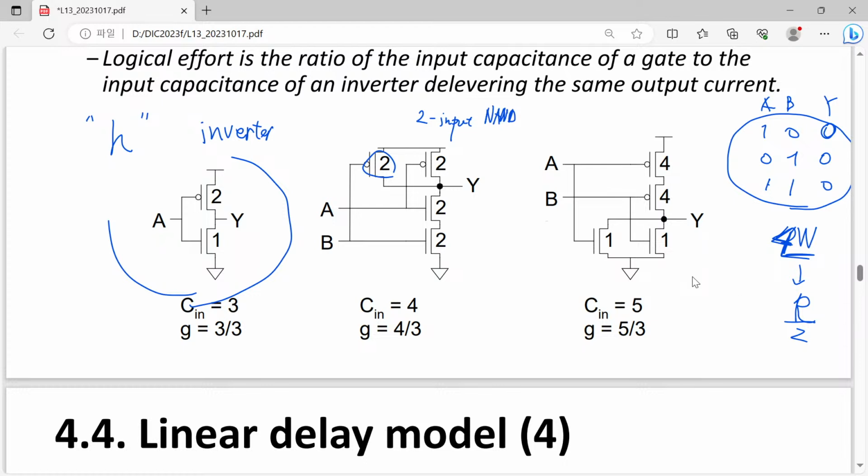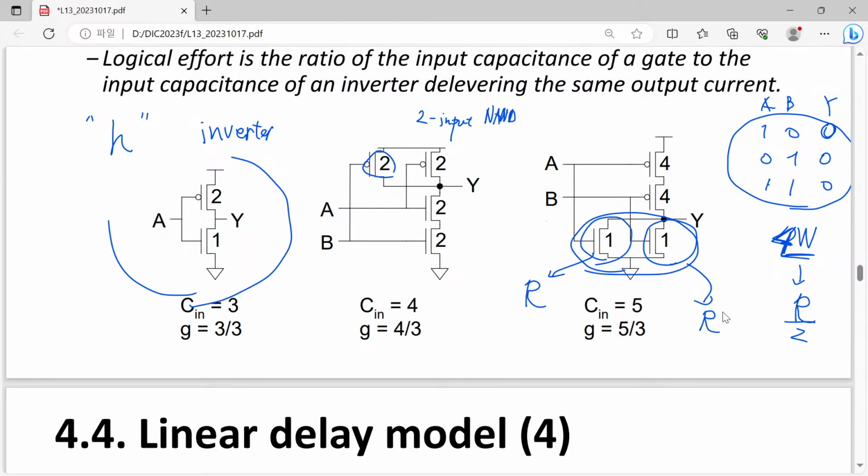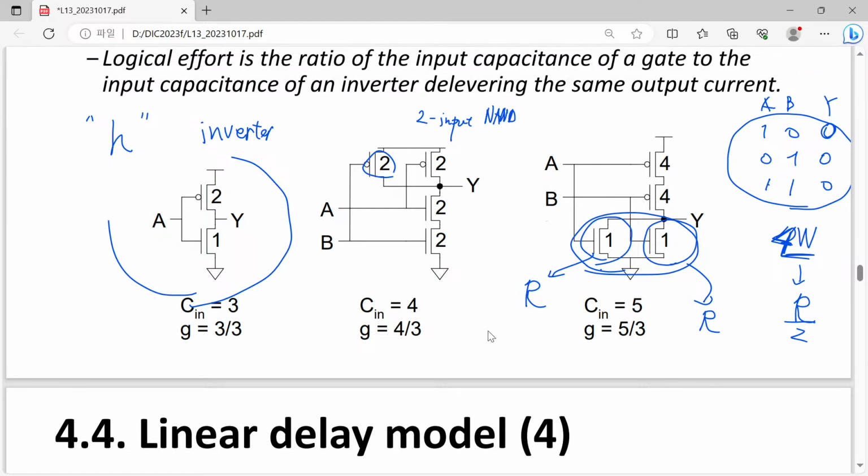Instead, in the case of this pull-down network, we can say just R, because this one will contribute a resistance R and resistance R. In the worst case, when only one of them is turned on, then overall resistance will be R. And in the best case, when both of them are turned on, then overall resistance of our pull-down network will be half of R, exactly the same as before in our 2-input NAND gate.